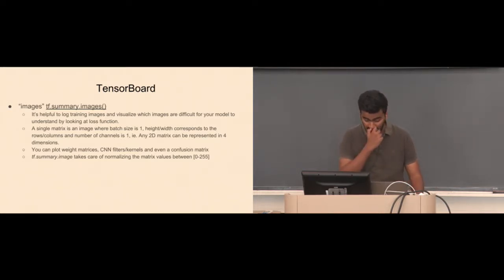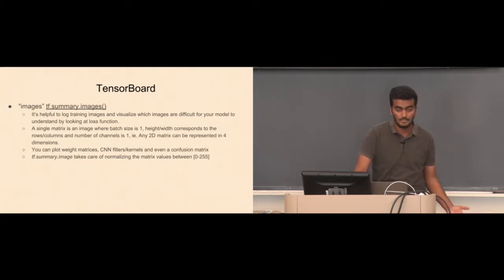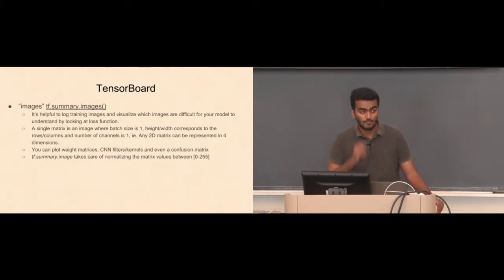It's a single matrix in an image, and you can plot it. You can plot CNN filters, kernels with it. You can plot a confusion matrix with it, and tf.summary.image automatically does the normalization for you. So you don't have to worry about keeping the values between 0 and 255 to plot it as an image. It could be any value, and it automatically rescales it to 0 to 255.